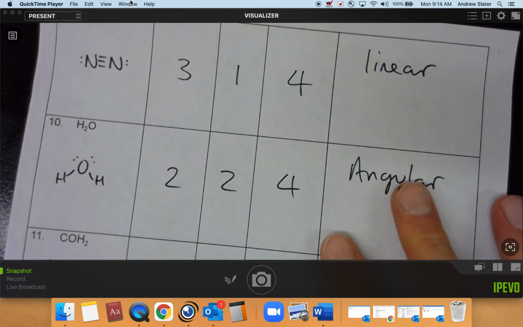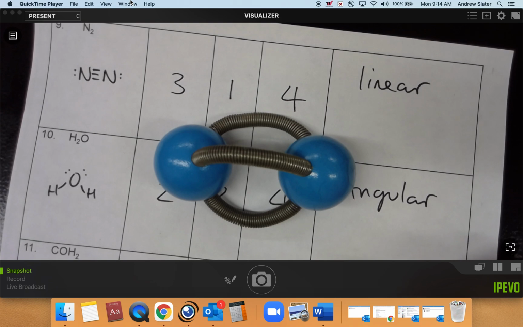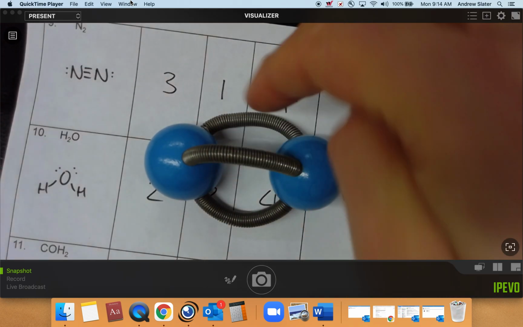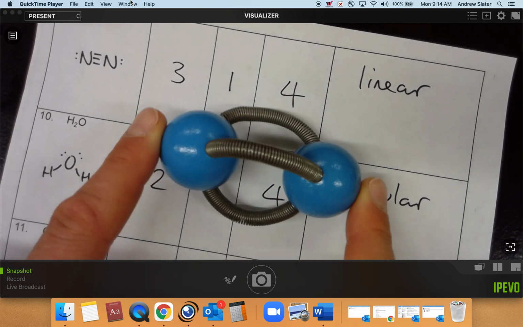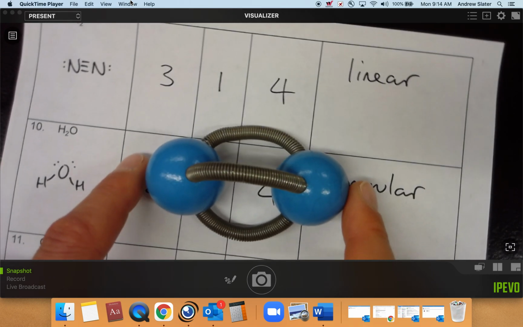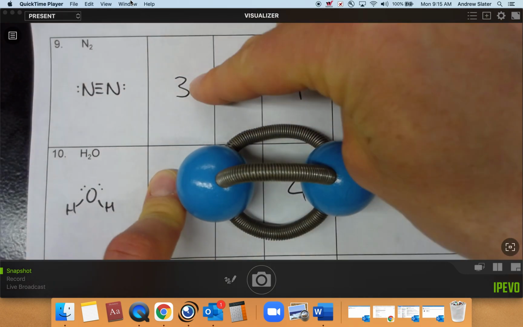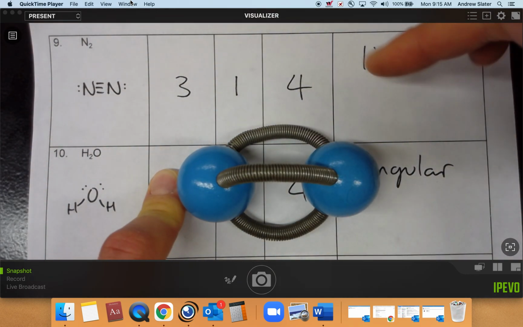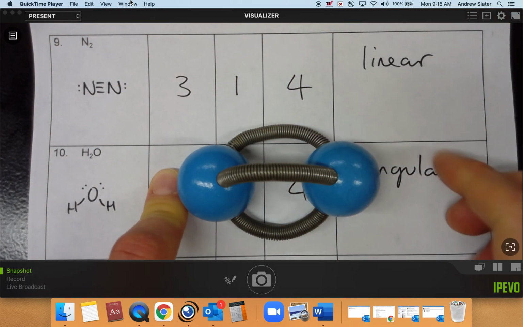Nitrogen makes a triple bond that looks like this. 3 bonded pairs, 1 lone pair, but really they're identical, so it's kind of the only shape that it could be, will be linear, right? So this isn't the ultimate one rule for everything guide here. Sometimes you have to look at the arrangement. Making the model often helps to see the shapes.